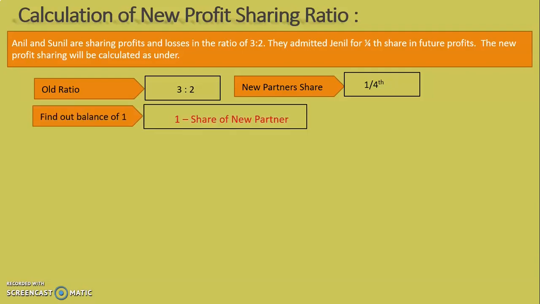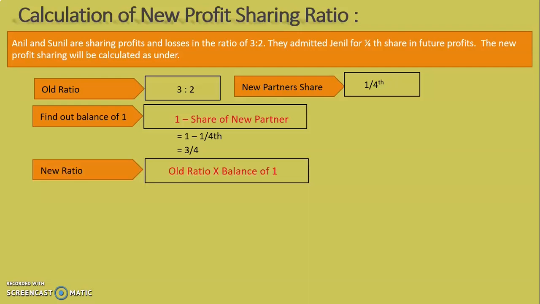First, we have to find out the balance of 1. So from that entire 1 share, after deducting the share of the new partner, what is the balance? We get 3/4 as the balance share. Now we have to calculate the new ratio as old ratio multiplied by balance of this 1.